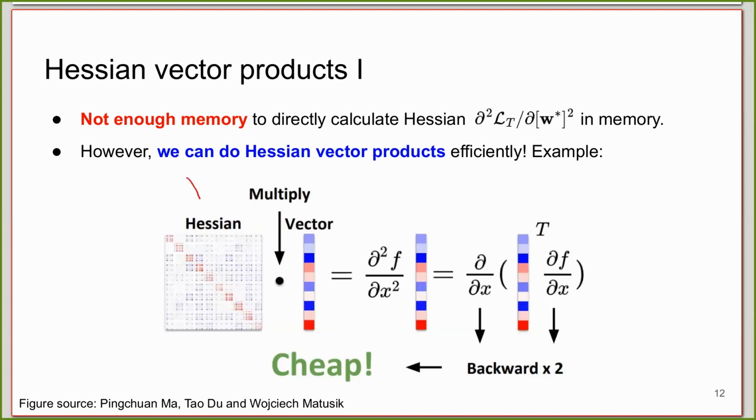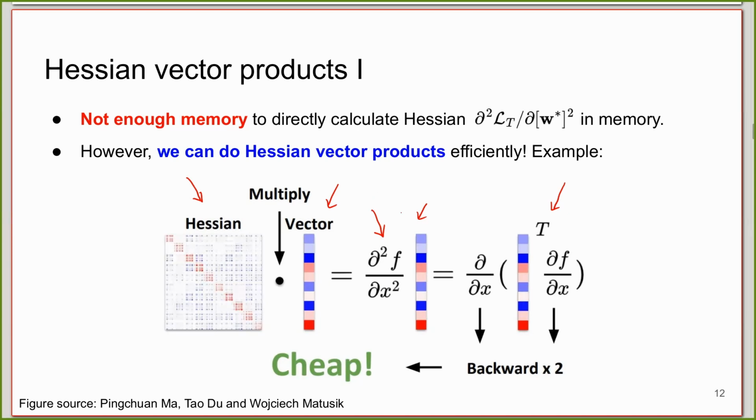Imagine that you have your Hessian, which would be this massive matrix, and you want to multiply it by a vector. That's the same as multiplying the second derivative of the training loss with respect to the weights times a vector. And now you can actually get the vector into these differentiation operations. So you can actually multiply the first derivative of your training loss with respect to the vector.